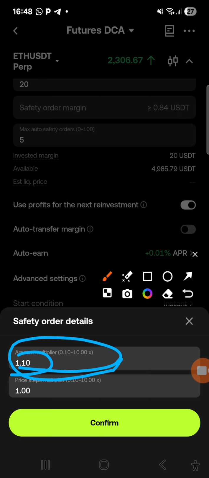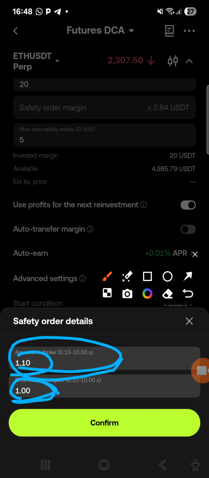When you command the robot to sell, or when the market drops below a certain percent, as you have put there, it will be multiplied by this one.